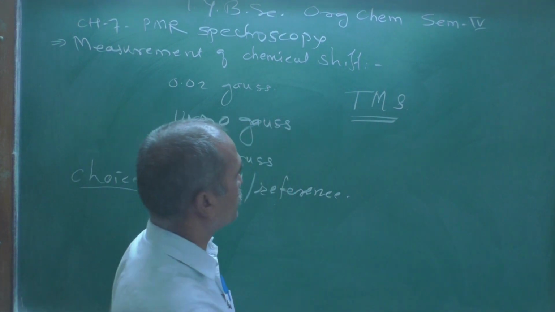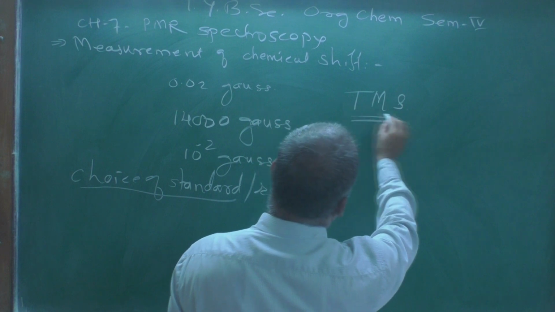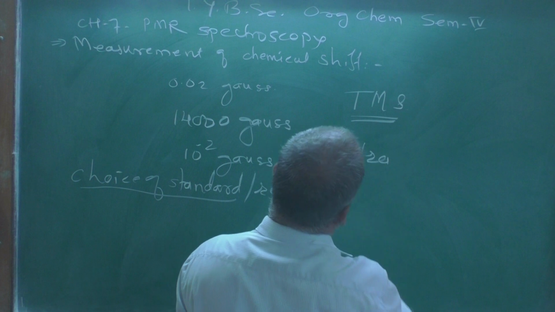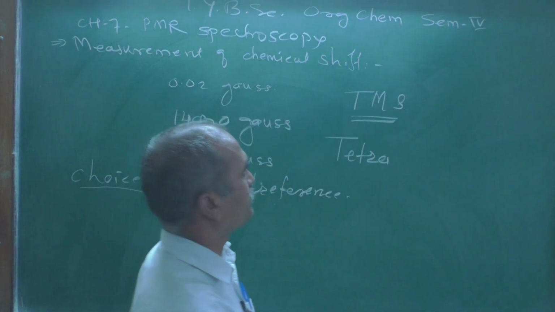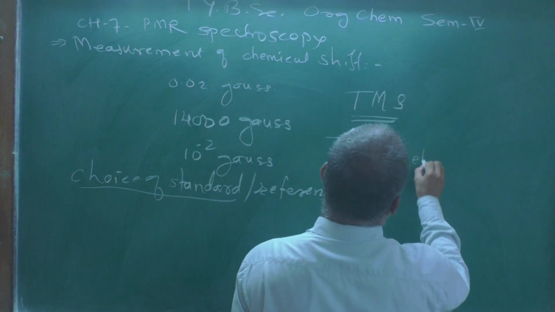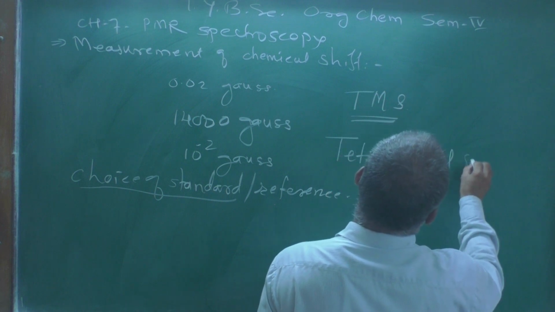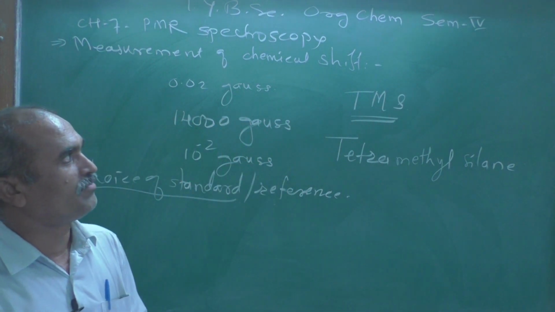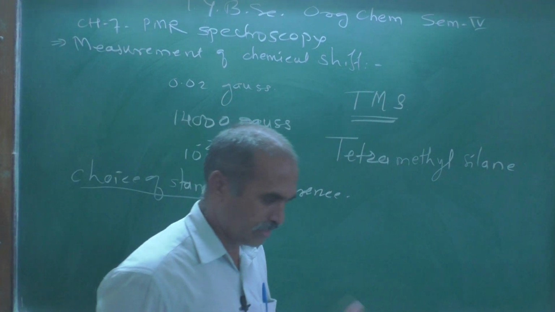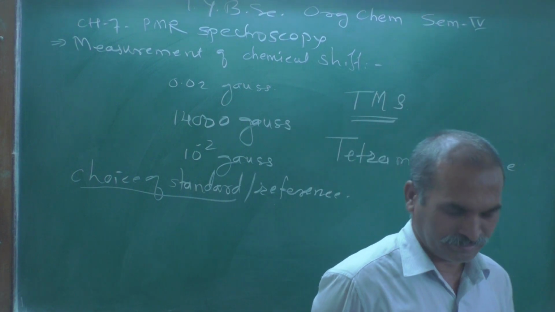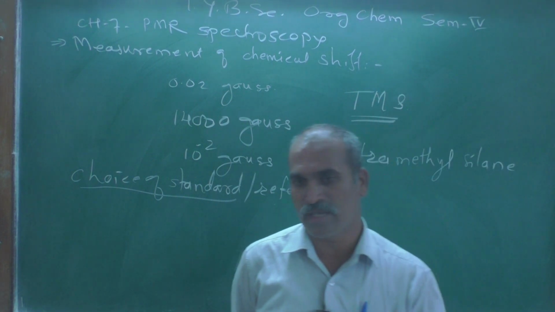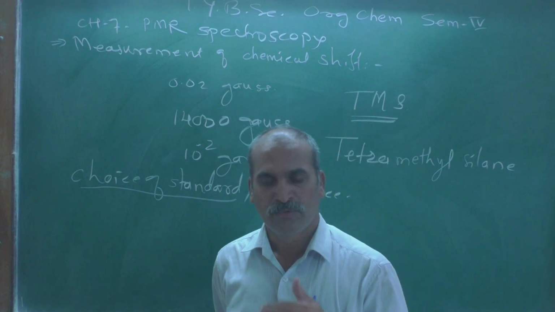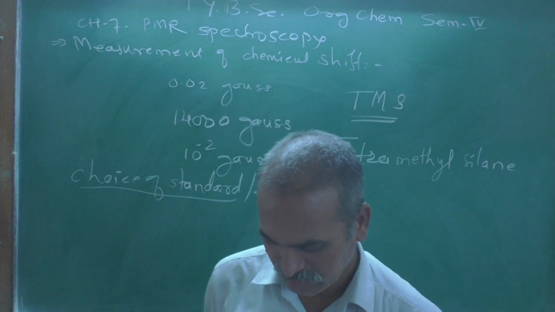Let us see first the full form of TMS, which is tetramethylsilane. T stands for tetra. This is the full form of TMS, because while studying NMR spectroscopy, these terms are frequently used.